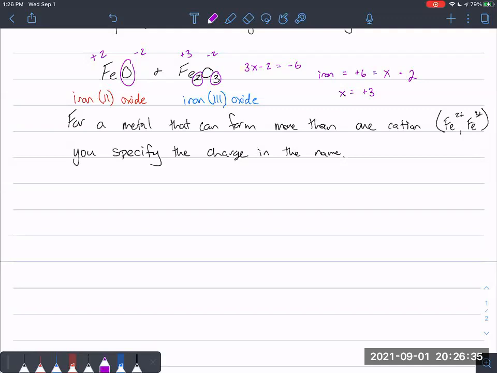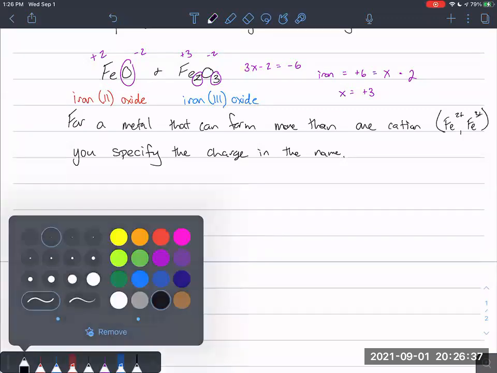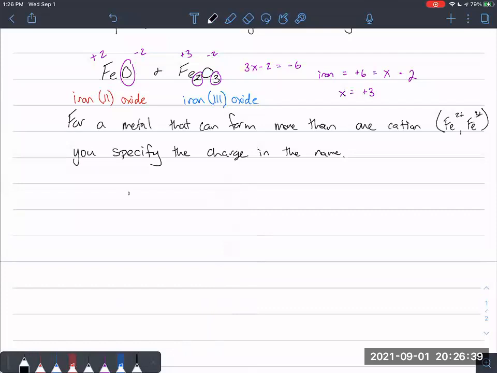So how would you name this? Is it copper(II) chloride?